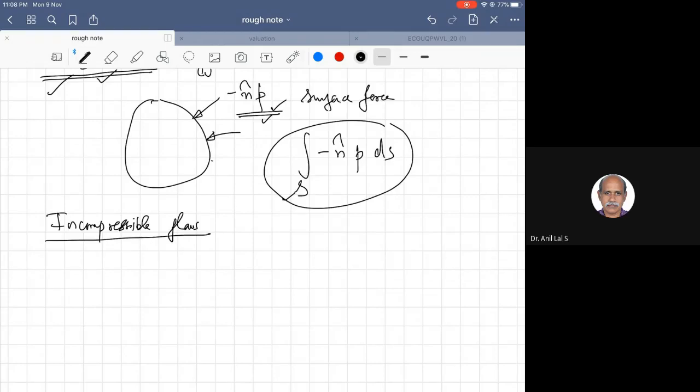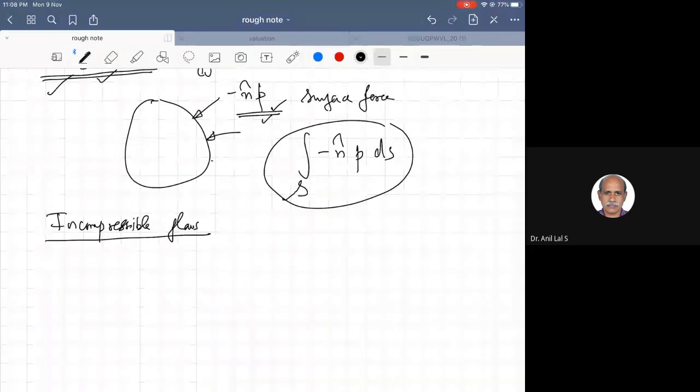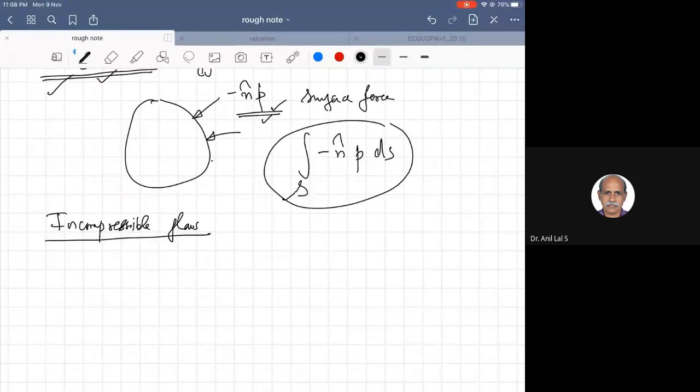The fluid has a velocity and a velocity gradient. The velocity gradient causes a change in the shape of the fluid system.